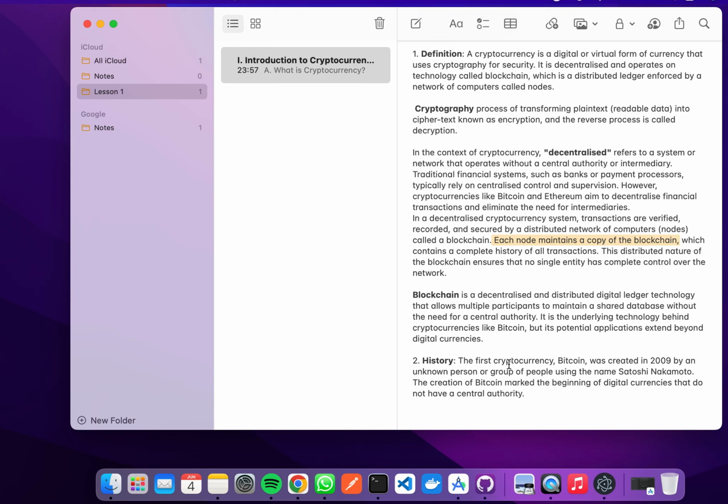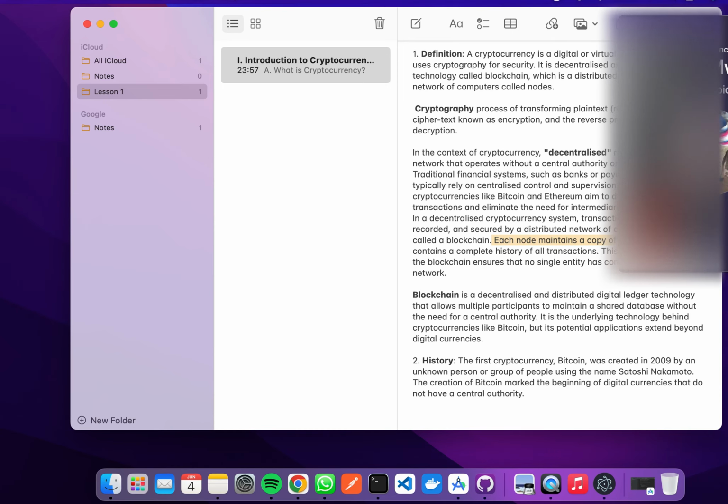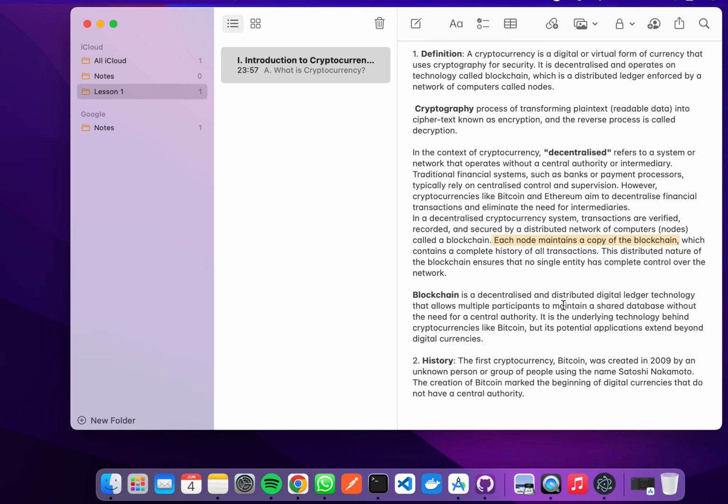So whenever you hear of Satoshi Nakamoto, you know he's the creator or they are the creators of Bitcoin. And the creation of Bitcoin marked the beginning of digital currencies as we know. So from Bitcoin, we went to Ethereum, Dogecoin, and a thousand other coins that came after that. This covers the first lesson.